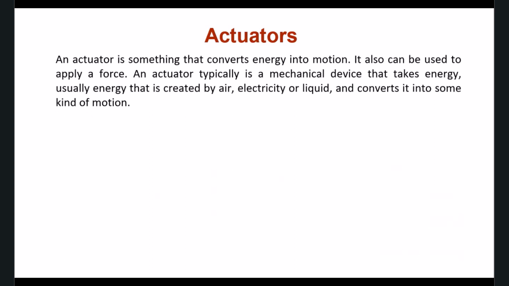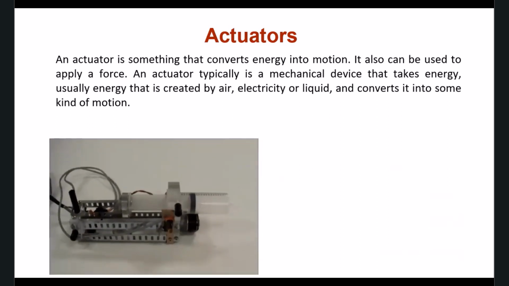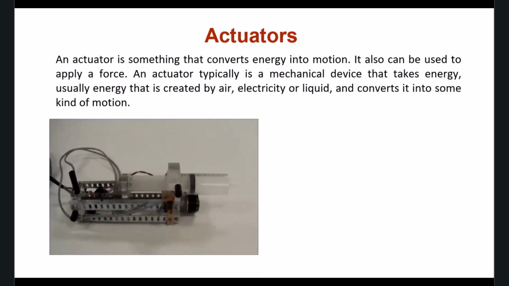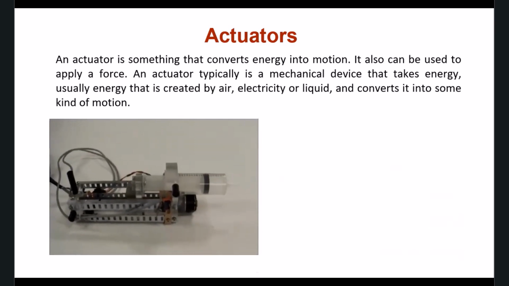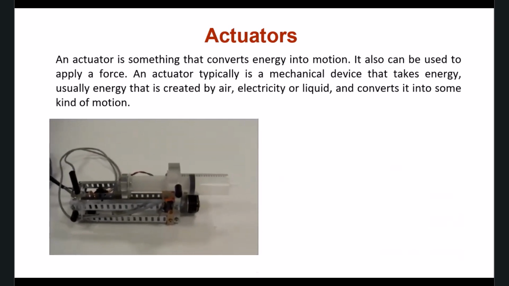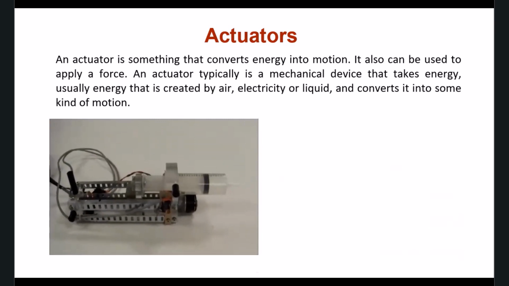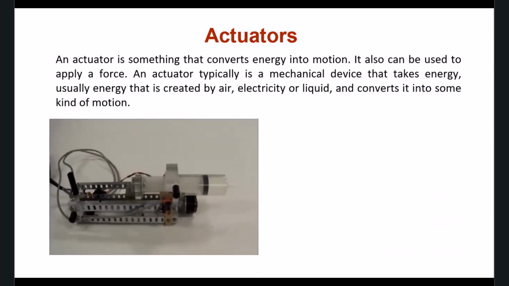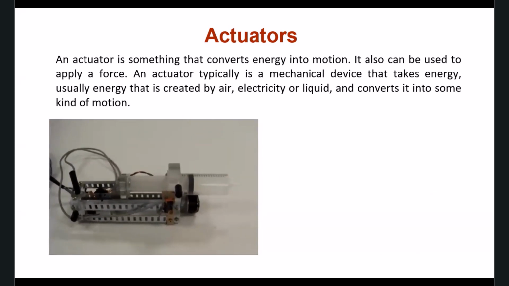The second part is the actuator. An actuator is something which converts energy into motion. So actuators are like your hand, your leg, etc. The actuators can be used to apply a force.